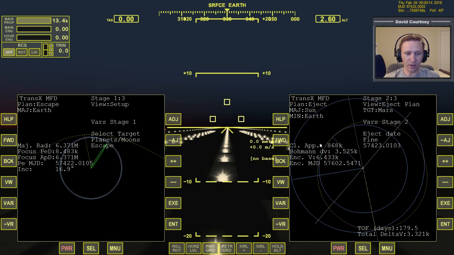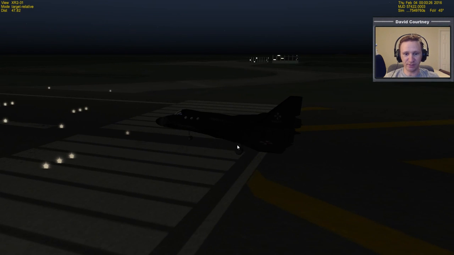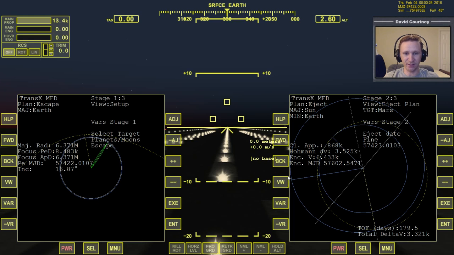Okay, now we have figured out how to go from low Earth orbit to Mars, but we still have not yet solved the problem of how to go from where we're at right now, which is sitting on the runway at KSC, into low Earth orbit. But the reason we have to figure out this part first is because this part determines how we're going to get into orbit.